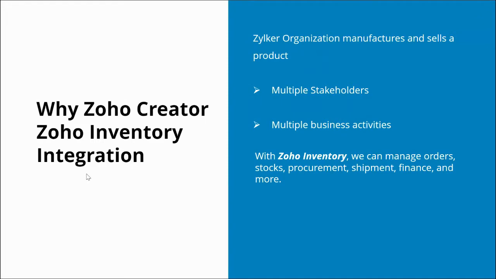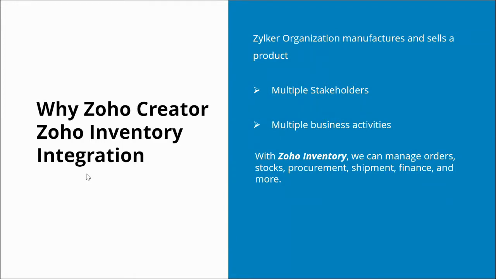So manufacturing and selling the end product to the end customer would involve multiple stakeholders and multiple business activities, right? When I say multiple stakeholders, it would involve the internal stakeholders like the organization users, and it would involve the external stakeholders as well. And it would involve multiple business activities.